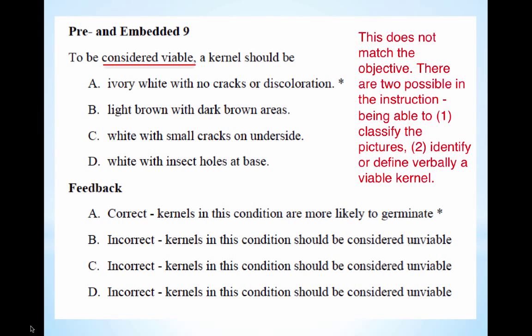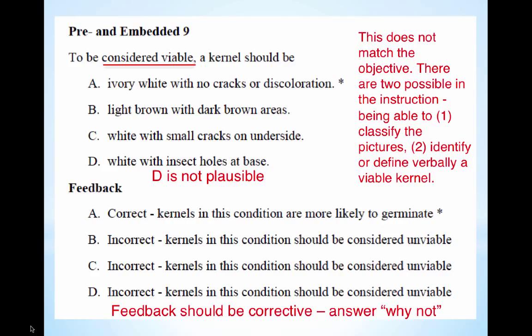There are actually two possible objectives in the instruction: being able to classify the pictures or being able to identify or define verbally a viable kernel. This is a good item for the second objective. Notice D is not very plausible. Remember, feedback should be corrective and answer why not. The incorrect answers, or the distractors here, don't do that.